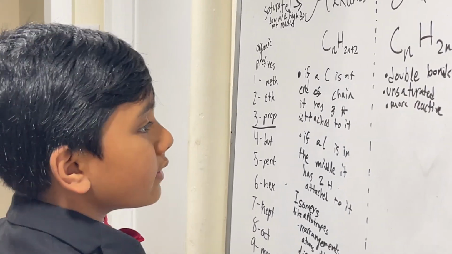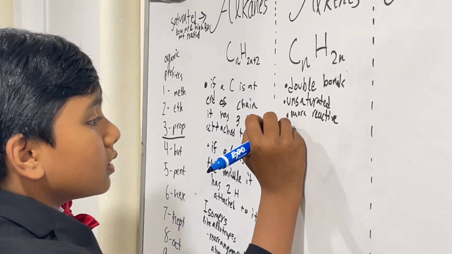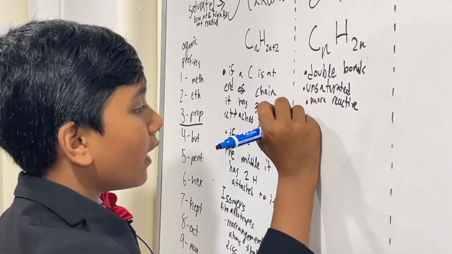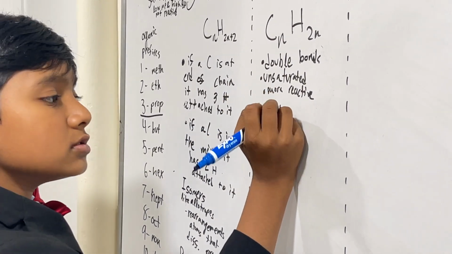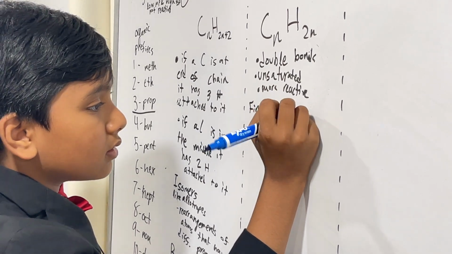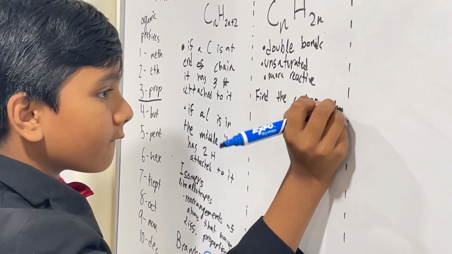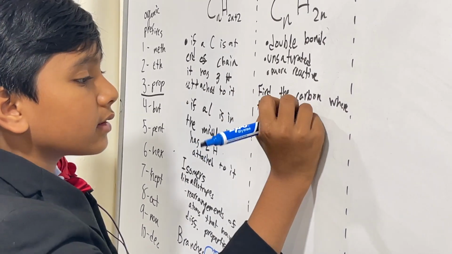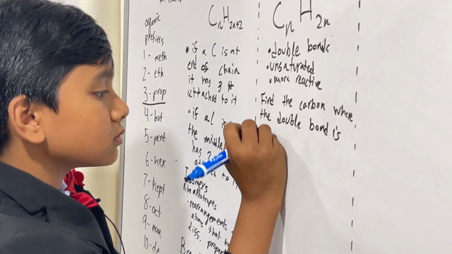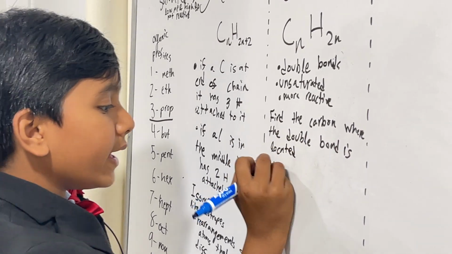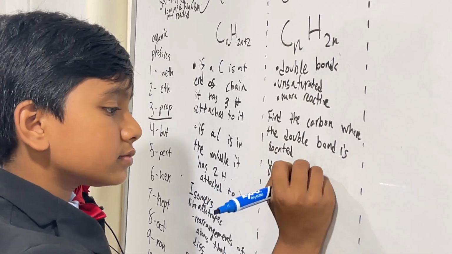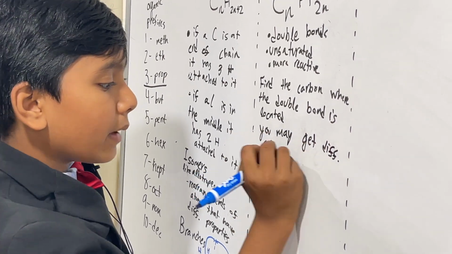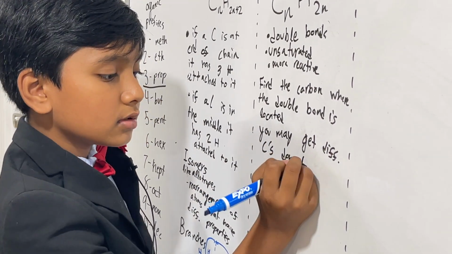So now, their naming rules go a little something like this. Find the carbon where the double bond is located. You may get different carbons depending on which way you count.